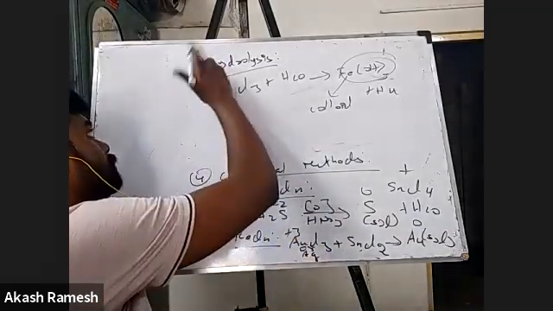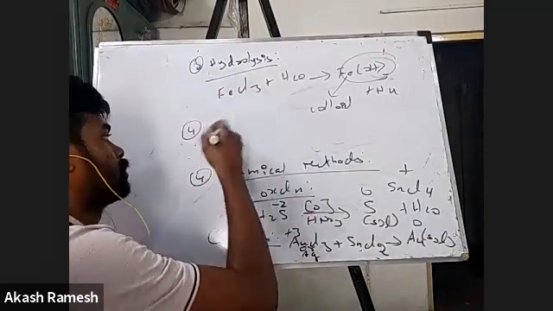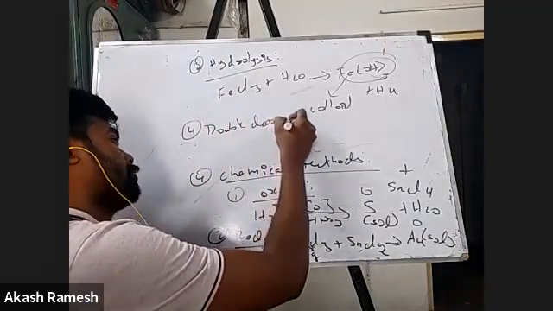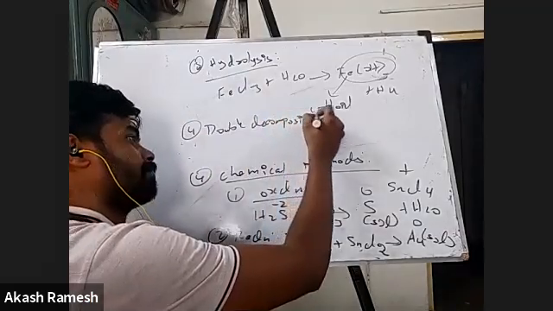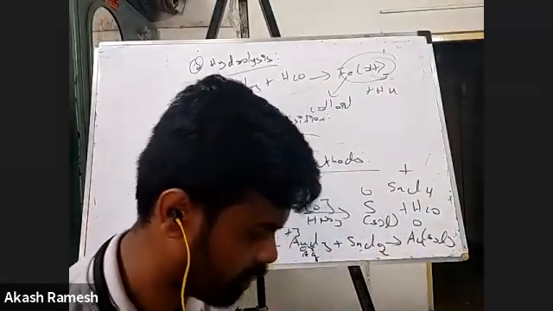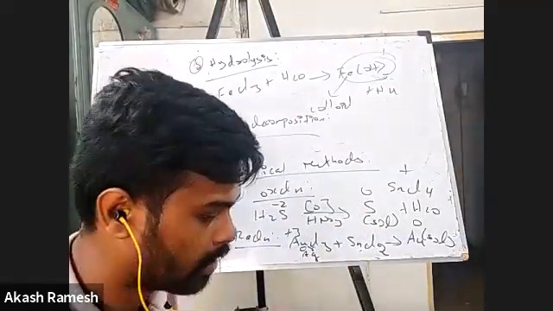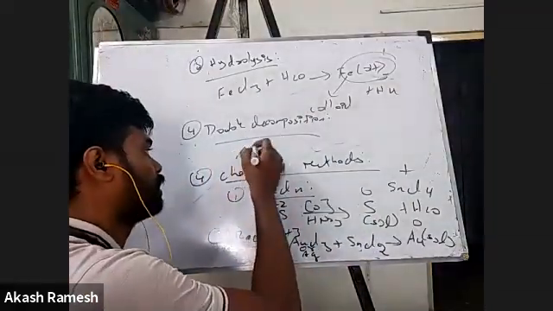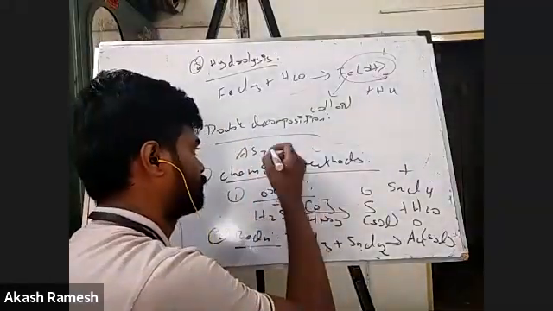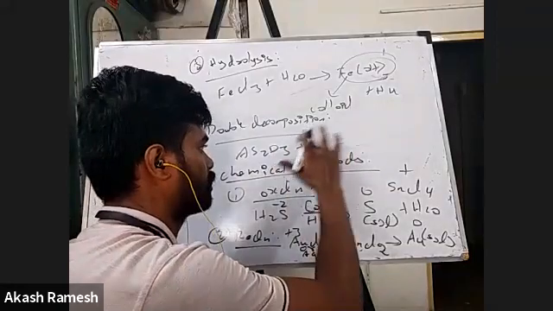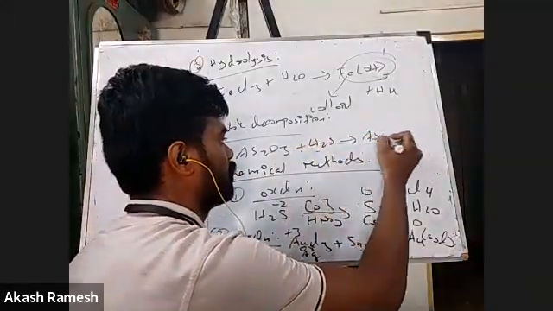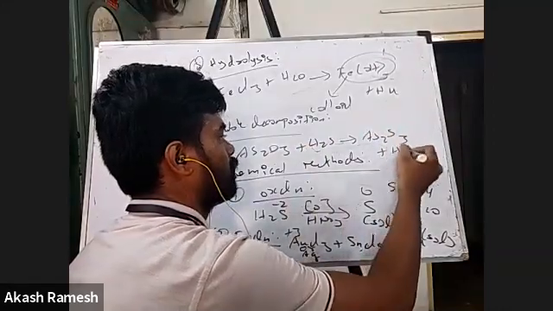Now this is my fourth, double decomposition, or I would even call it double displacement to some extent. An example can be, say, As2S3, so As2O3 plus H2S gives As2S3 plus H2O.